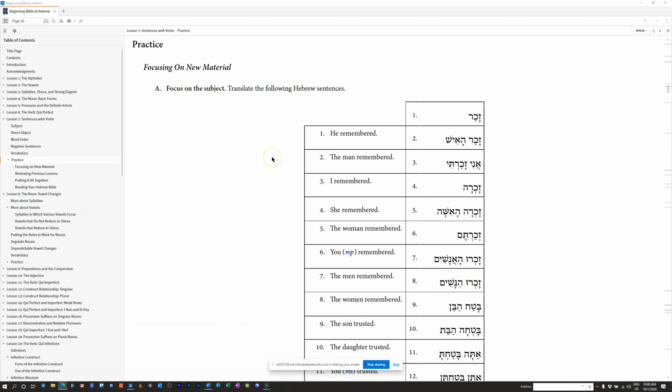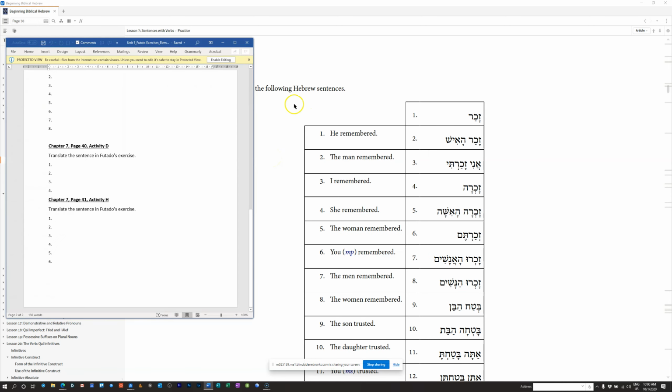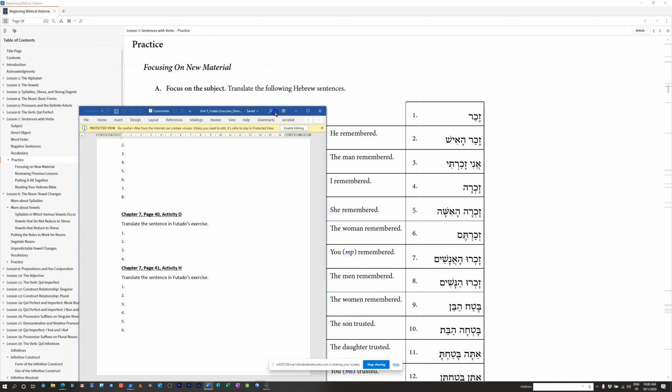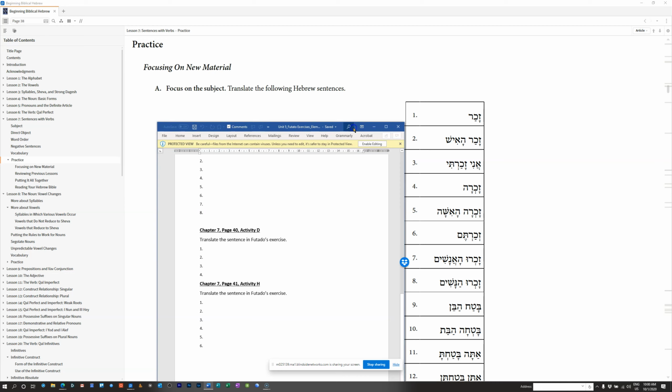All right, so A here, the basic idea is just learning how sentences work in Hebrew. I'm going to put this over here so that I don't see the answers while I'm going through. As you learned, the form of the verb in Hebrew changes depending on who the subject is.